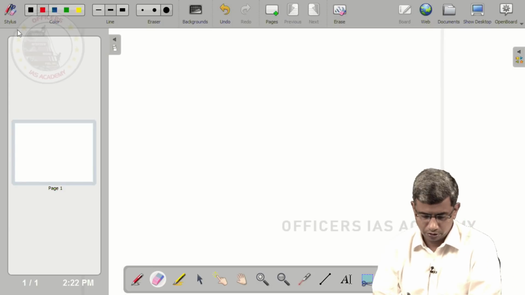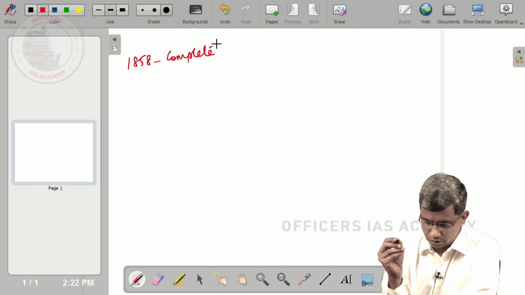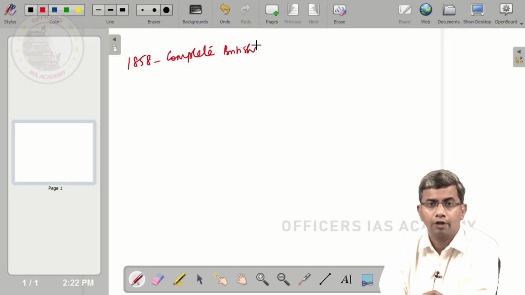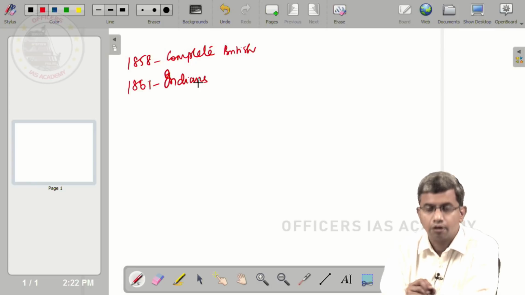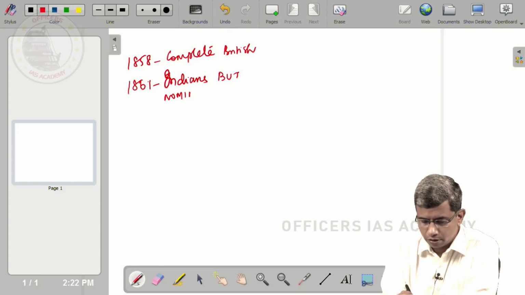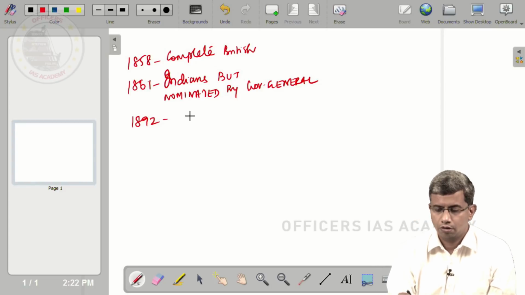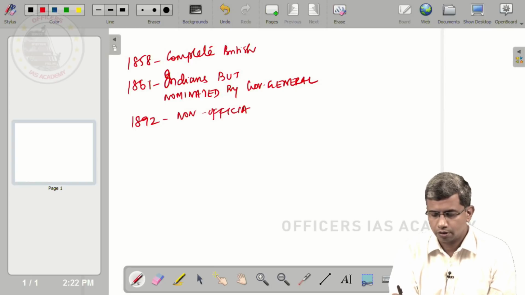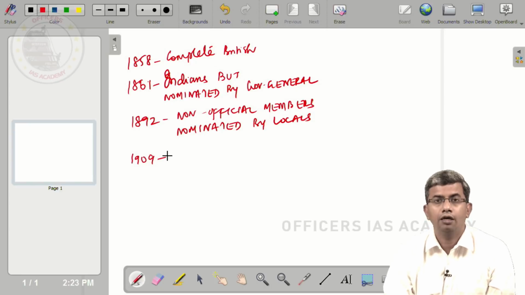Very simple. 1858, complete British. 1861, Indians, but nominated by the Governor General. 1892, non-official members nominated by locals. 1909, they were elected.